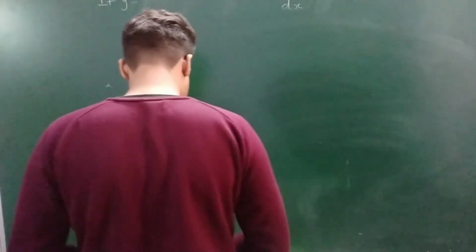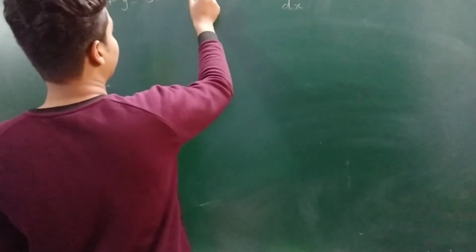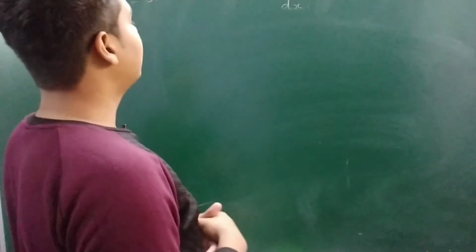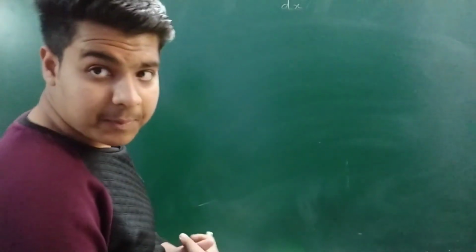The next question is y is equal to sine 2x cos 3x. Then dy by dx is equal to what? The same question, and here again we'll be applying the product rule.